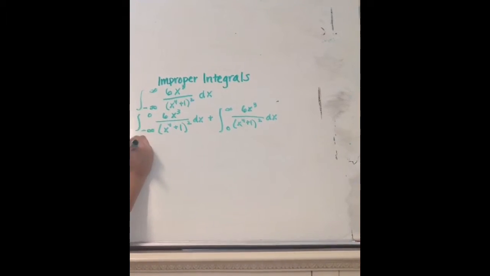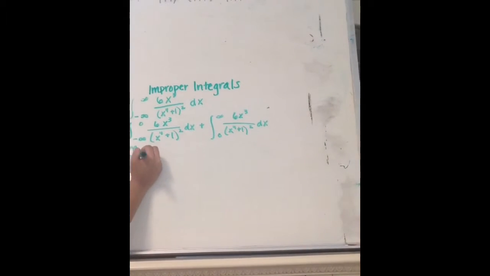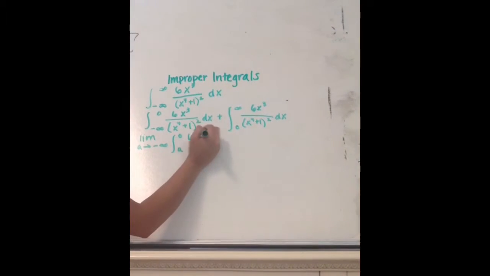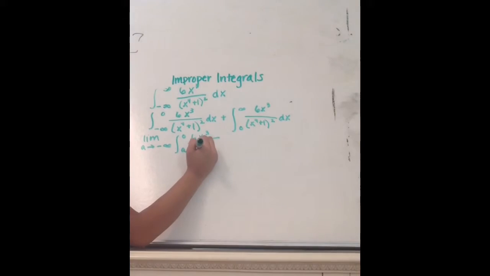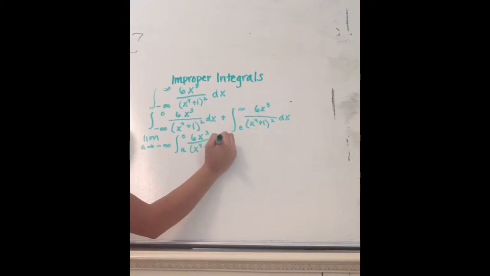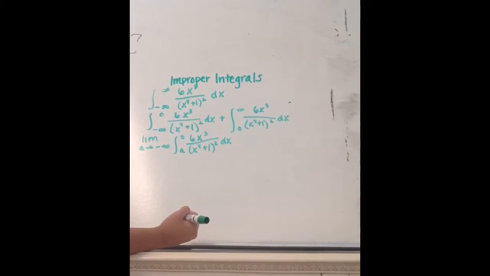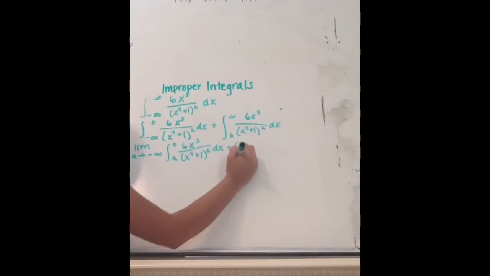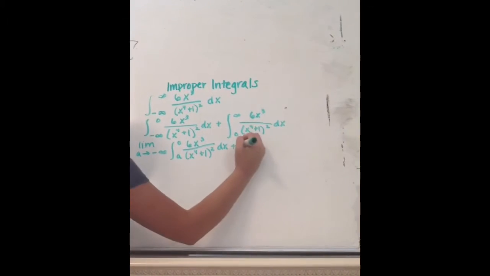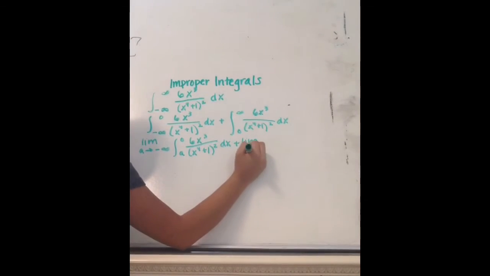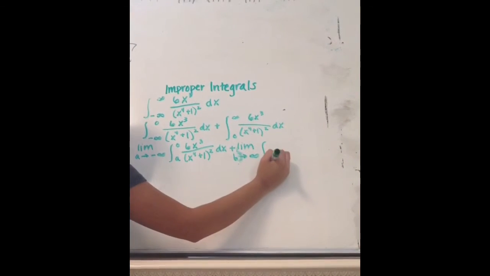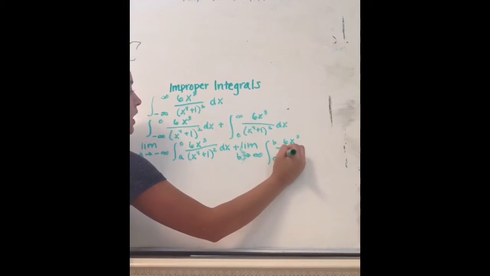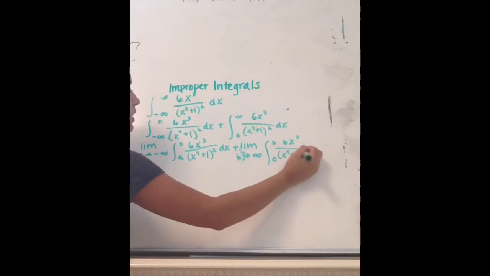The limit as a approaches negative infinity, so we'll place a right over here, a to 0, 6x to the third over (x to the fourth plus 1) squared. And then again, we'll use a different variable here, as b approaches infinity: the limit as b approaches infinity, 0 to b, 6x to the third over (x to the fourth plus 1) squared.